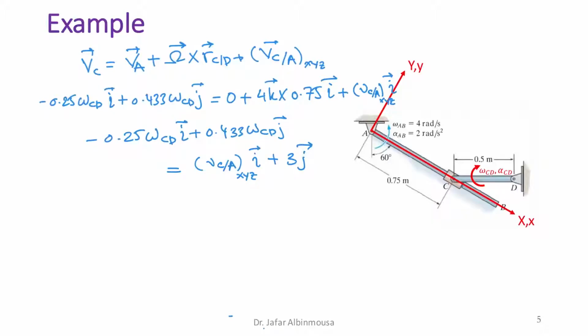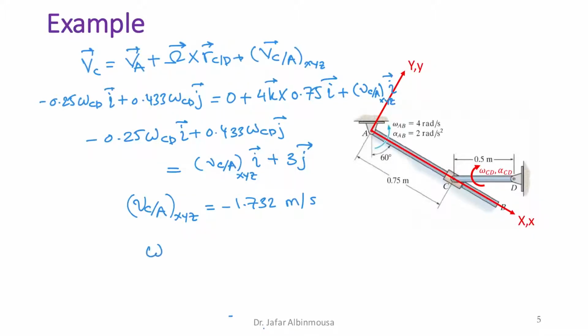So if I equate the I component with the I component, the J component with the J component, I will get the following. I will get from the I component VC with respect to A as measured from the local coordinate system is equal to minus 1.732 meter per second.